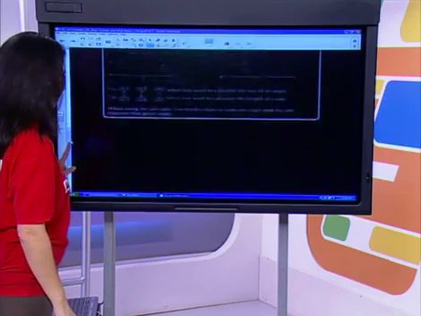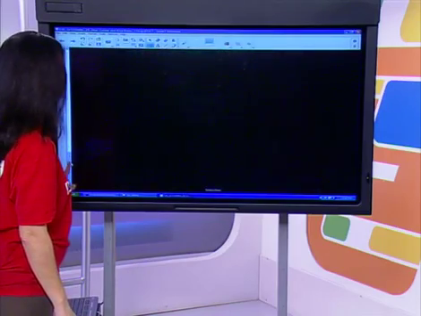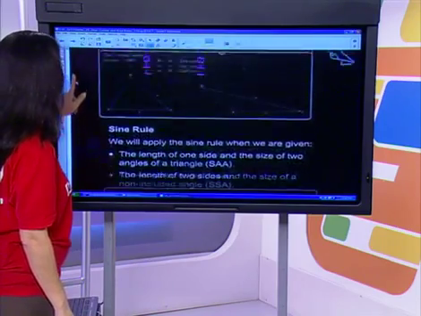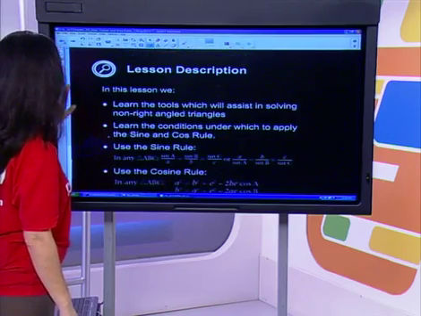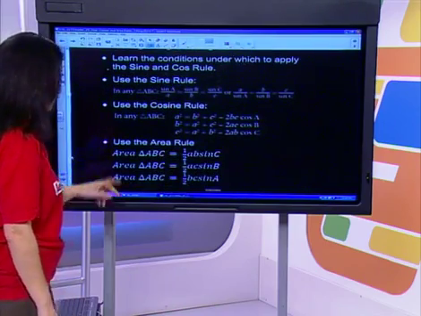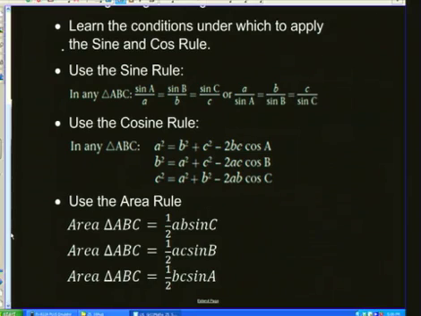And then finally, we have an area rule. Let's just go back to the area rule. Up to this stage, you have worked out the area of a triangle by using a perpendicular.